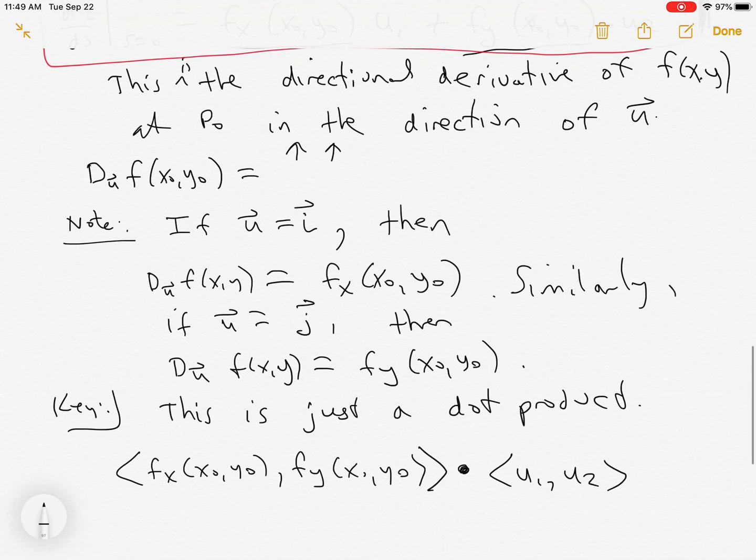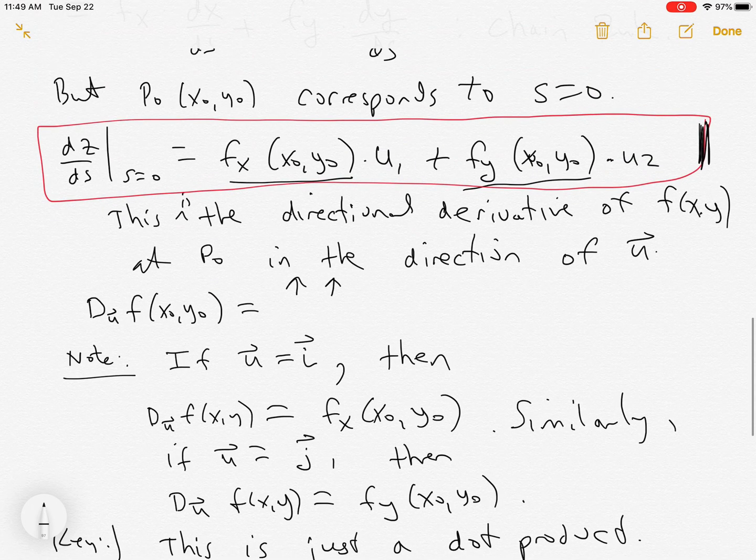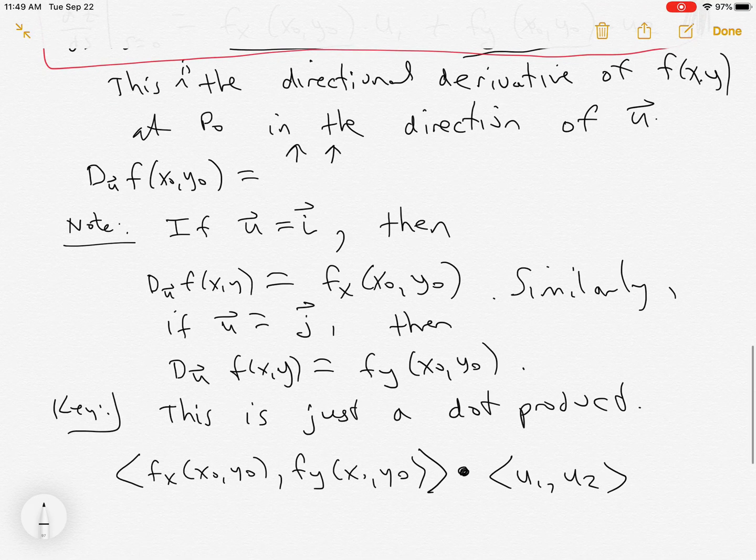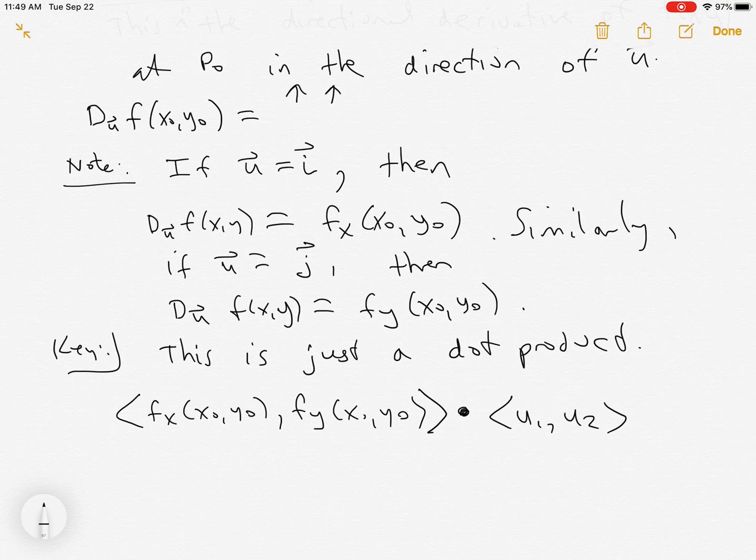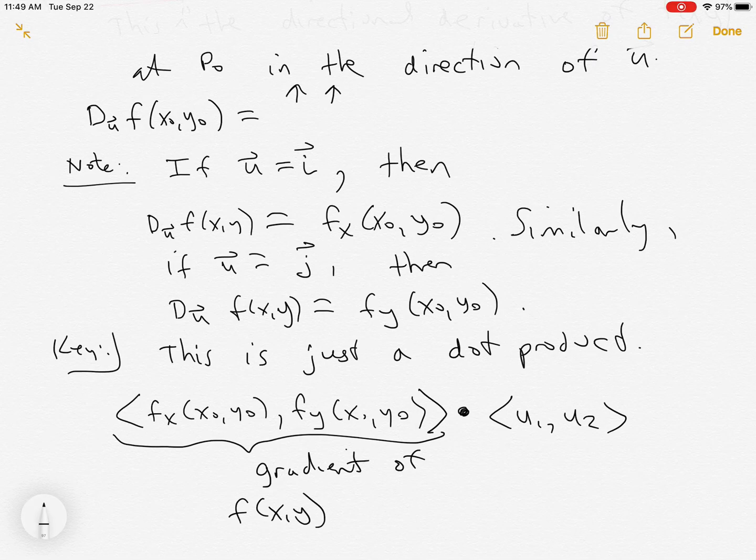And if I asked you to dot those two, you would get this. So now I'm running that thing backwards. And so this vector is a special vector. It's the gradient vector. It's called the gradient of f of xy.